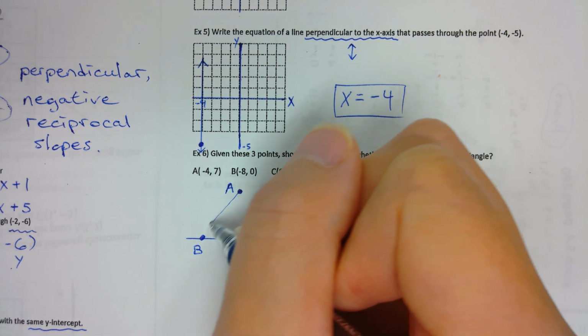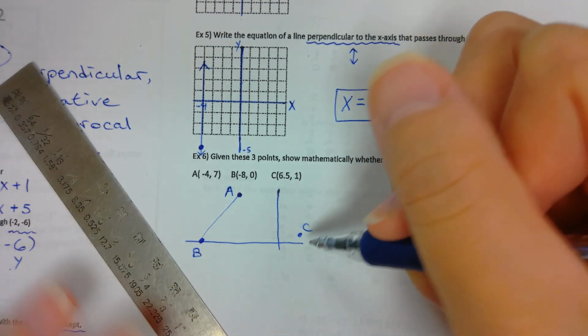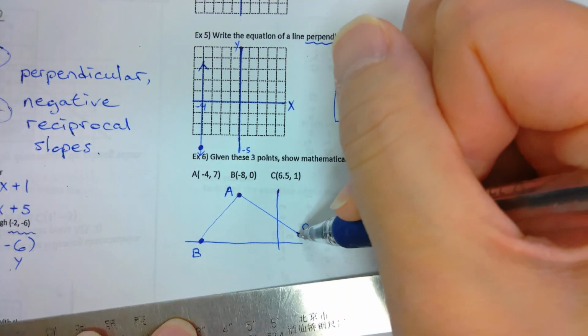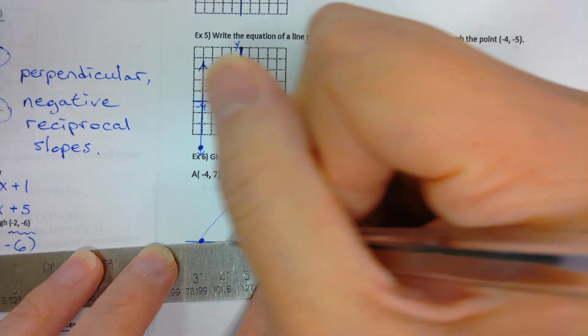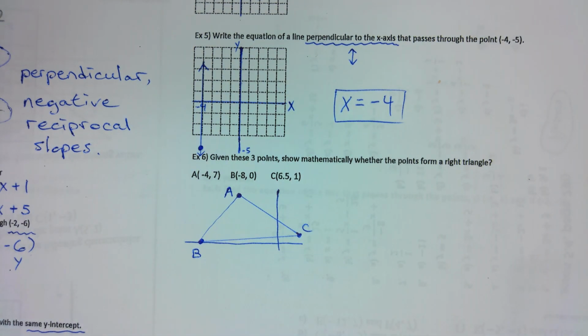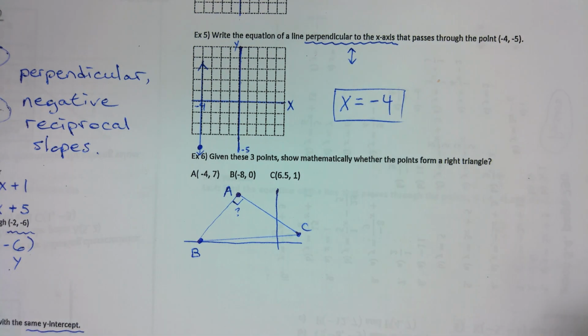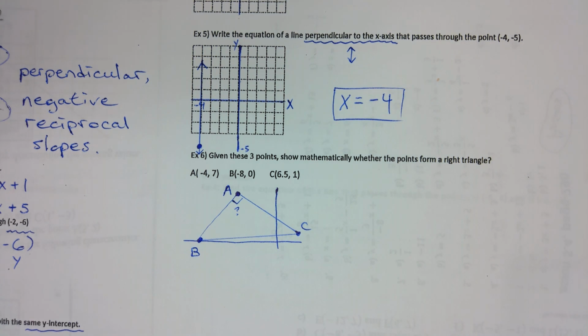And then when I draw it, I can tell which corner is likely the 90 degree. Which corner does it look like? A, right. So instead of doing the calculation 3 times, I cut my work down. I just have to check one corner.